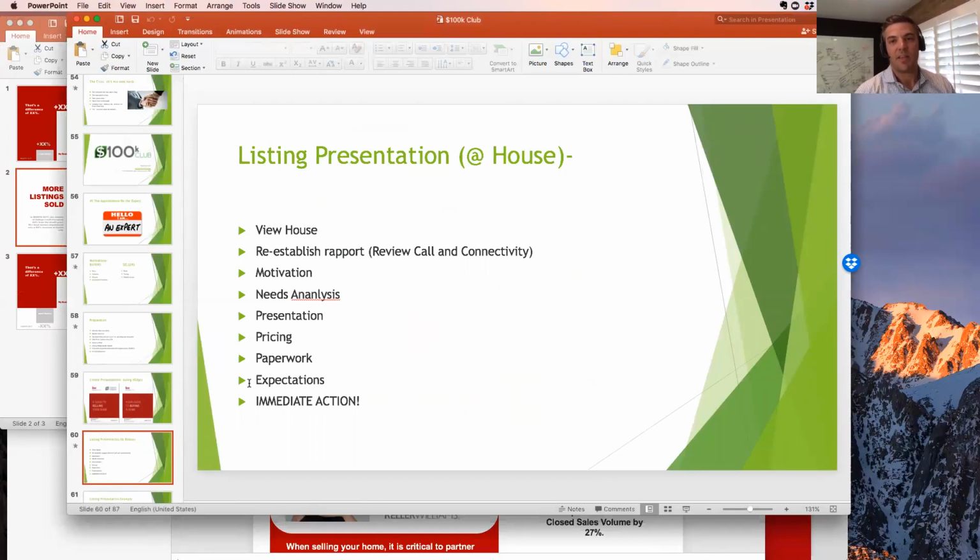So we've actually time blocked the next hour after this consultation to go knock your neighborhood this afternoon and let them know we have a house coming on the market and who they might know that wants to move to this neighborhood. I've already time blocked my time. I'm going straight door knocking and to work for you right now. So a lot of times things like that will get them to be like, okay, let's do this.